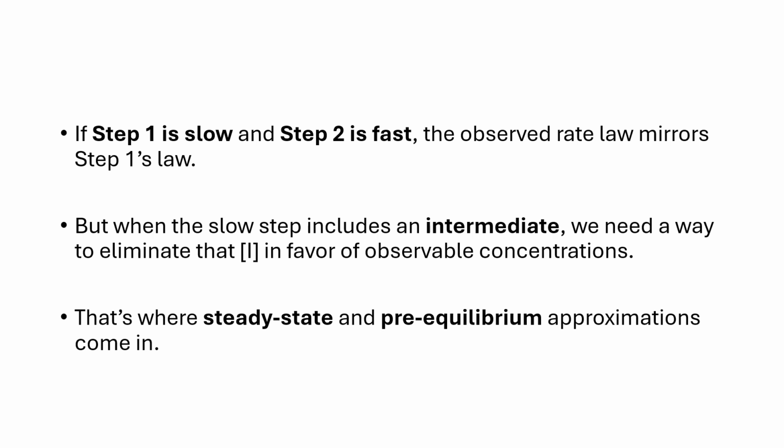But what if the slow step includes an intermediate, which did not happen in the example just now? If the intermediate is involved in the elementary reaction for the slow step, then we need a way to determine the concentration of the intermediate. That's where the steady state and pre-equilibrium approximations come in.